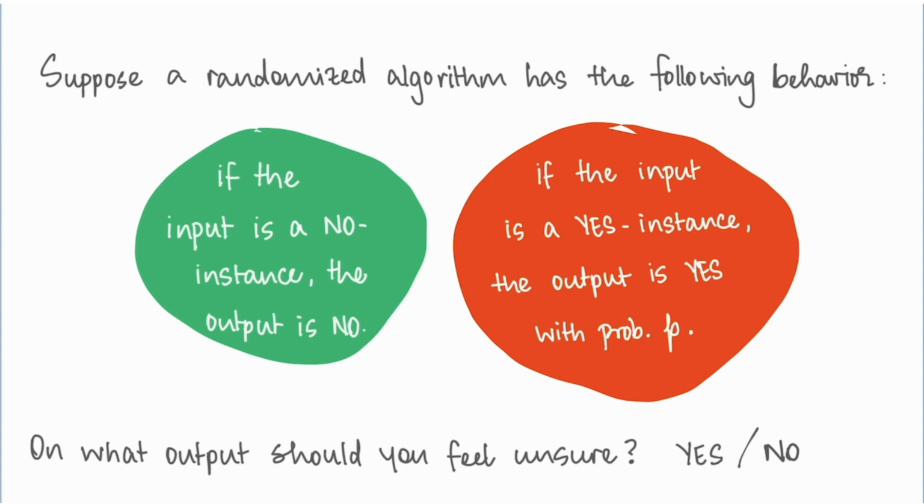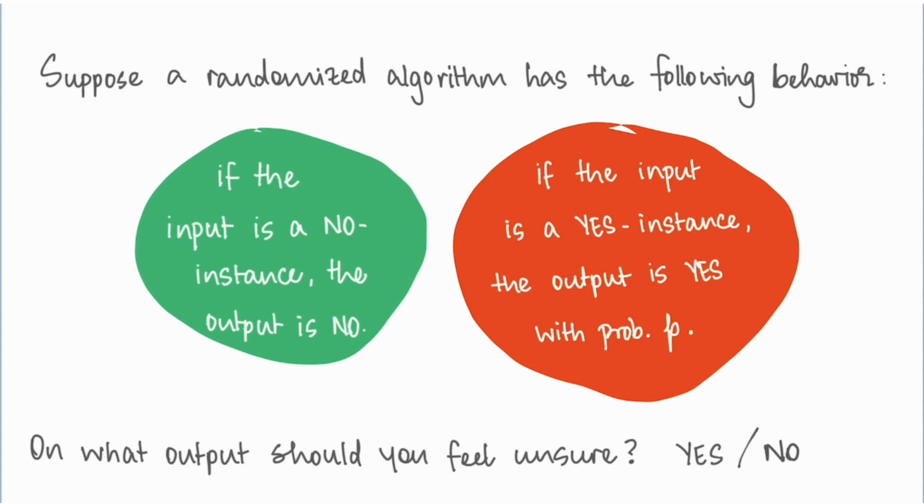So suppose you run this algorithm on some instance of whatever problem it's trying to solve, and suppose the output is yes. Should you be suspicious about this output, or can you be sure that it's right? On the other hand, suppose the output is no. Again, can you be sure that this output is right, or should you be worried?